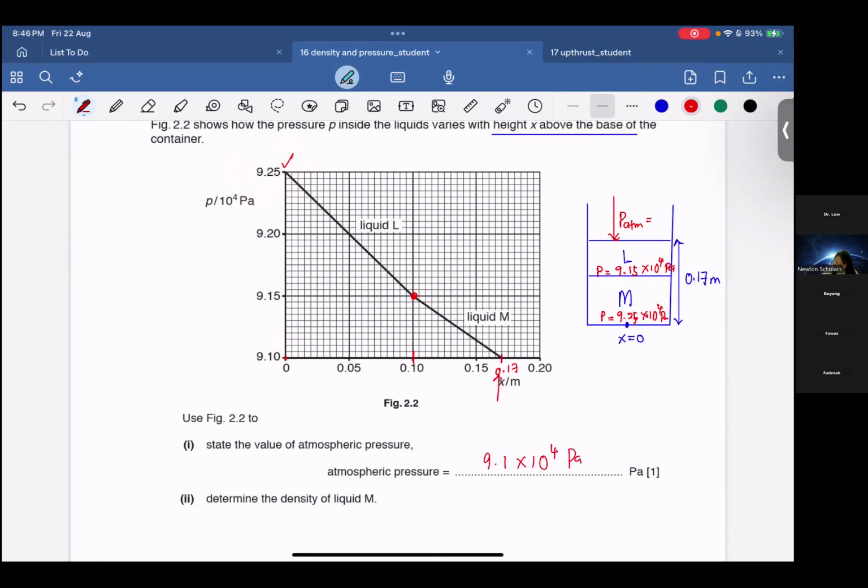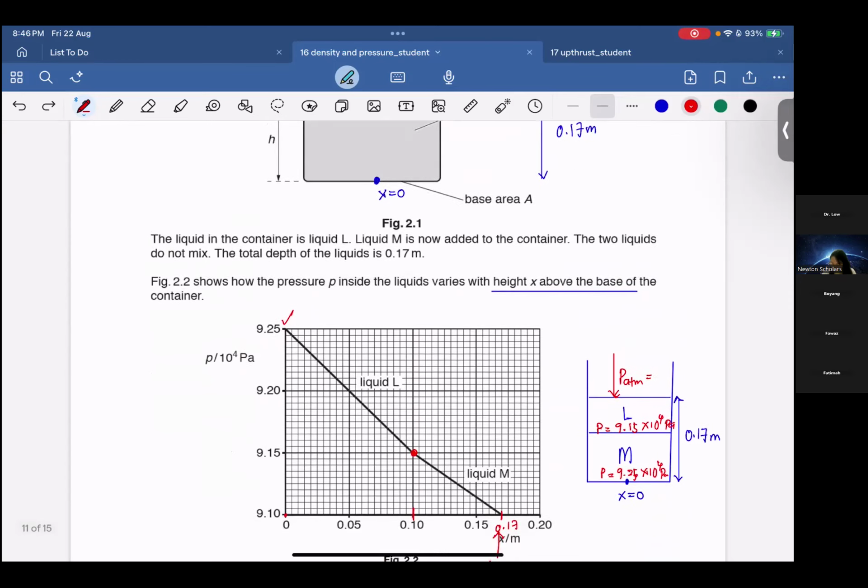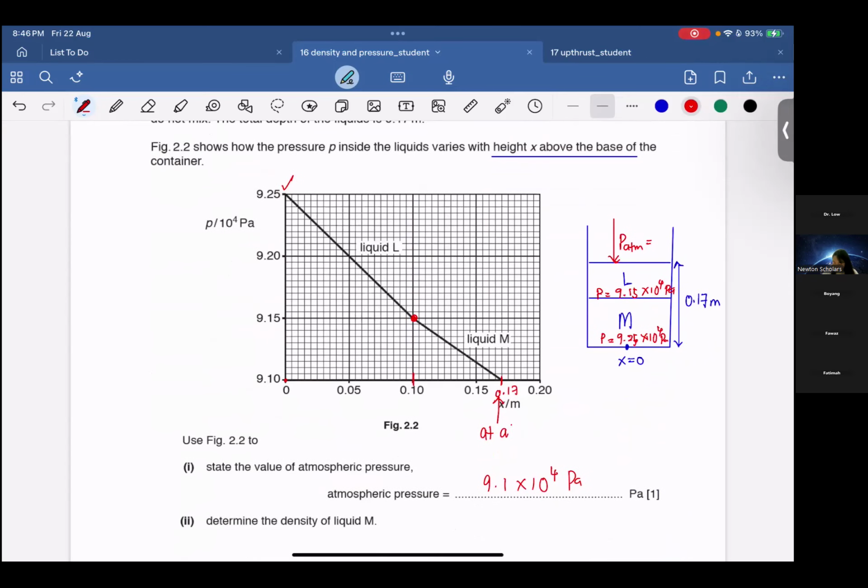This is the point at the liquid surface, liquid M, at atmospheric pressure. So this one should be 9.1 times 10 power of 4 Pascal.